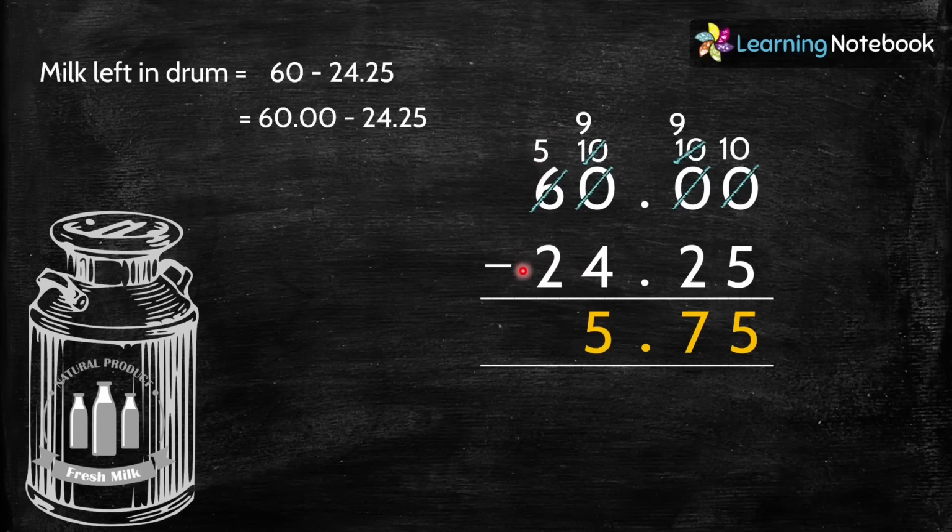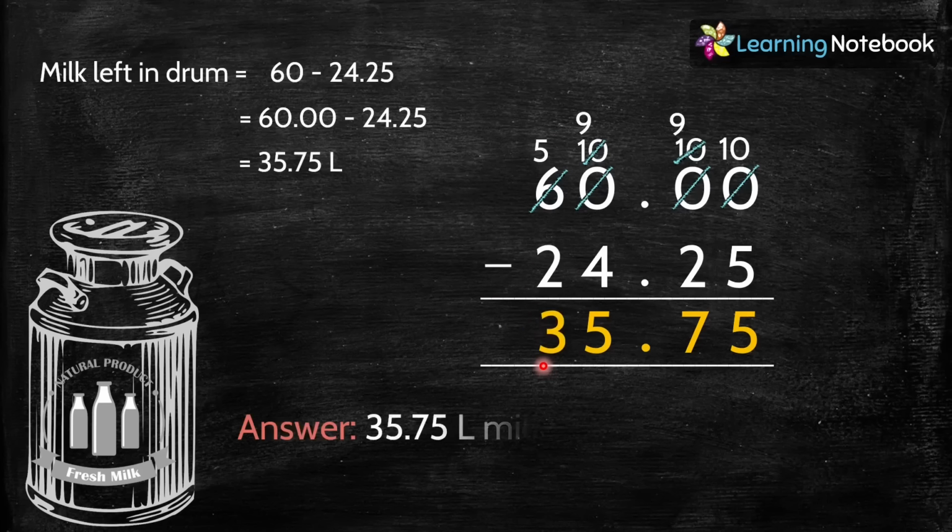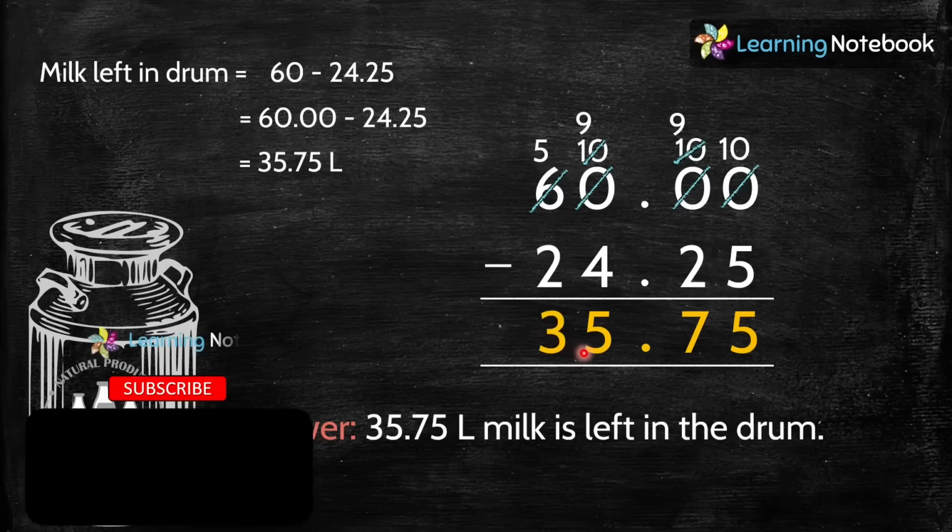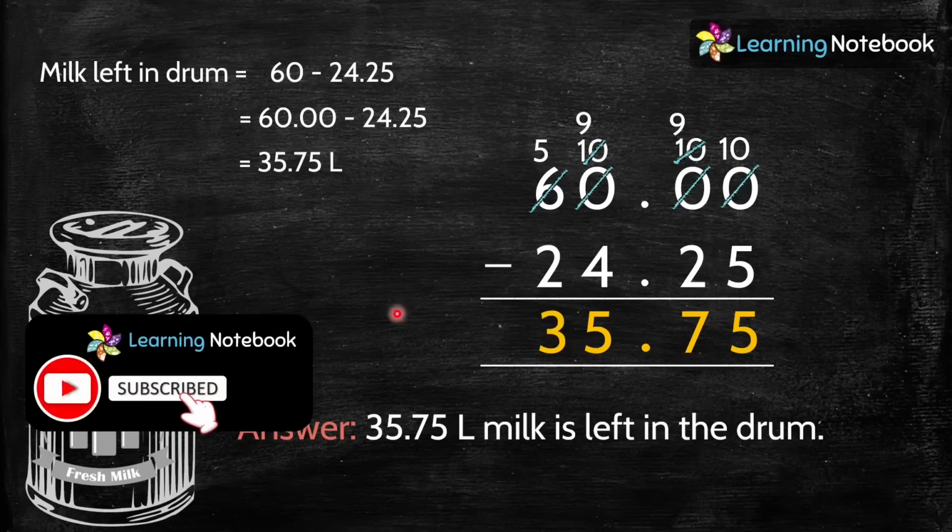And 5 minus 2 equals 3. So the answer is 35.75 liters. We will write the answer statement. 35.75 liters of milk is left in the drum.